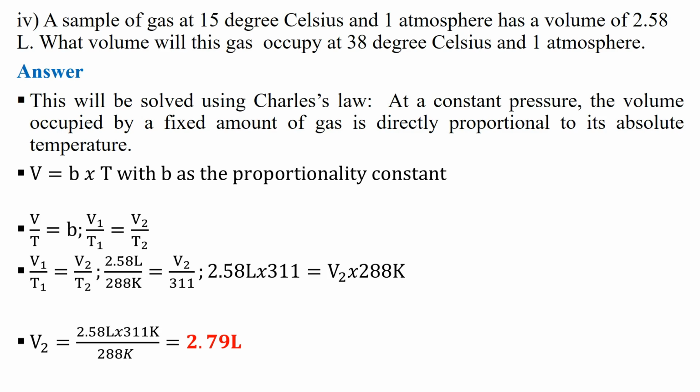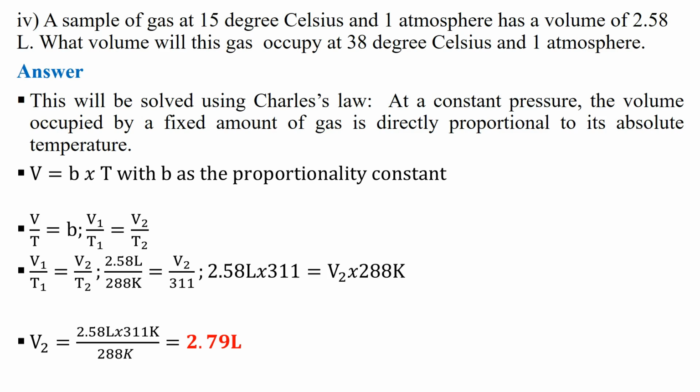The volume 1 we have is 2.58, and the temperature 1 we have is 15 degrees Celsius. We need to convert this 15 to Kelvin, so we add 273, and after adding 15 to 273, we obtain 288 Kelvin. And then V2, that's what we need to calculate, and we also have T2, the temperature change.